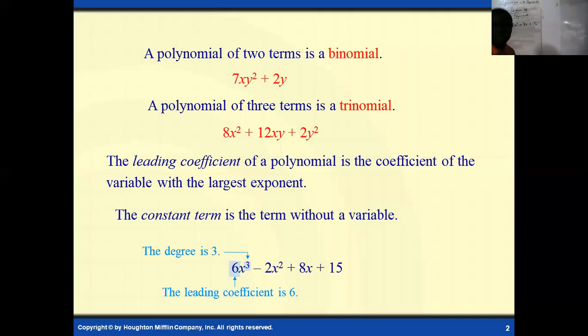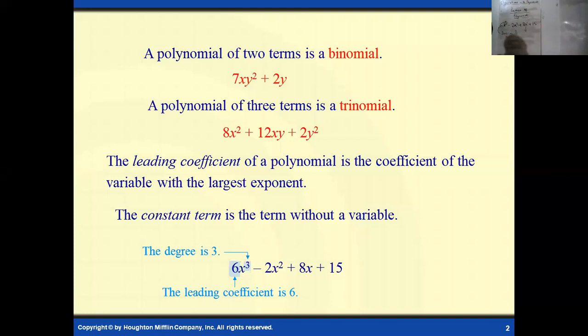You need to look at the degree that is the highest here. This one is degree 1, the power here is 1 that you cannot see. The power here is 2, and the power here is 3. So this polynomial is of degree 3 because this is the highest.